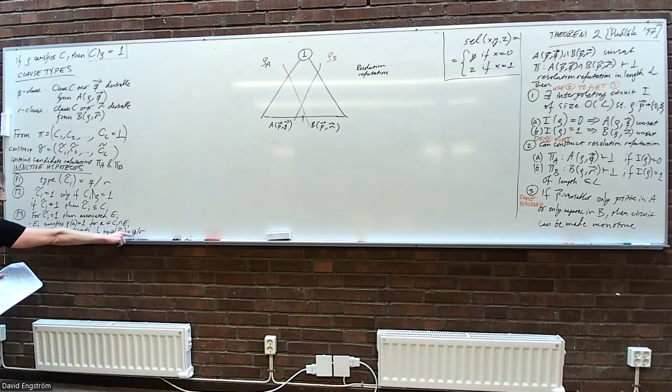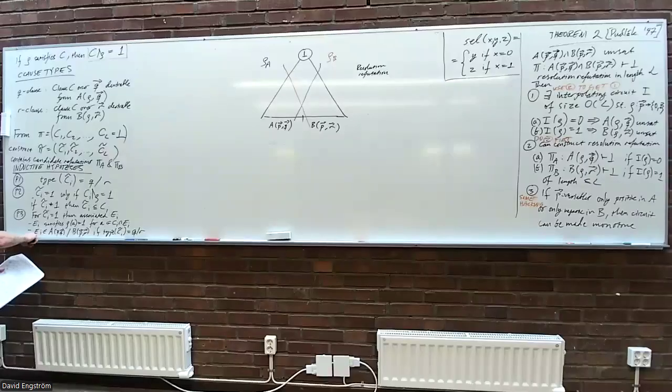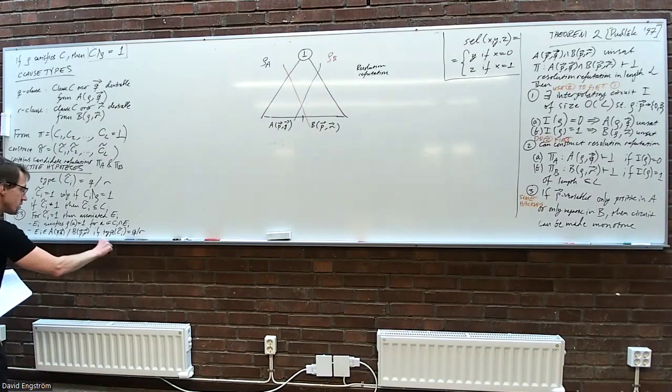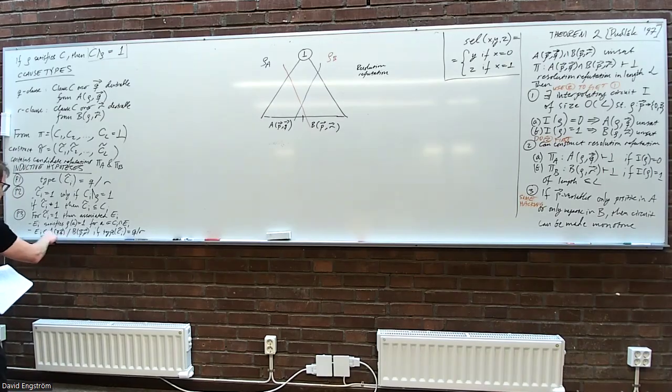Basically, if C tilde has type Q, then EI should come from A over P and Q. And if C tilde has type R, then EI should come from the B side.